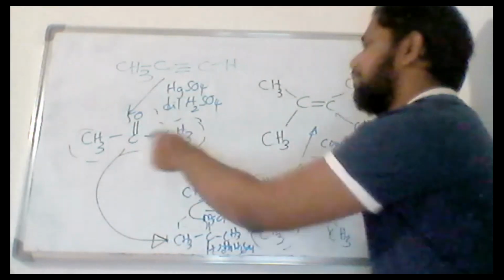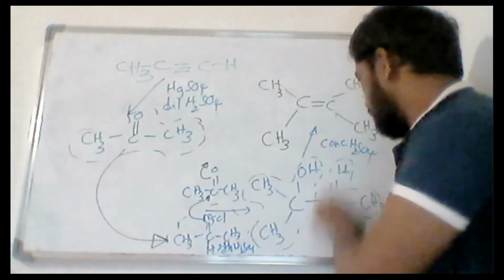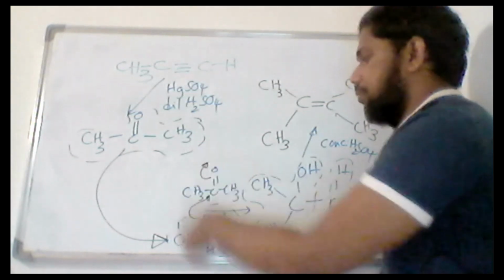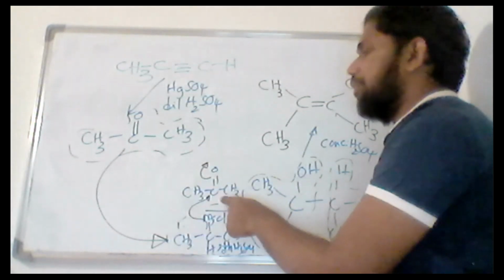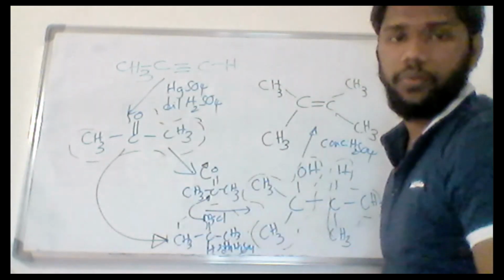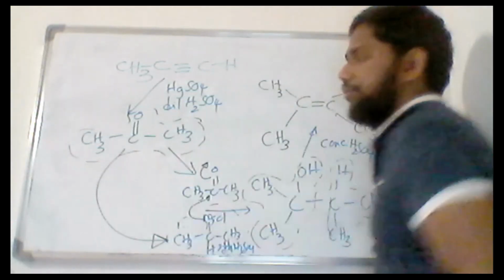And I can imagine this should be the Grignard that is attached to this CH3COCH3 like this. So this structure I have already here, so I don't have to make that anymore. But I have to make this compound from here.